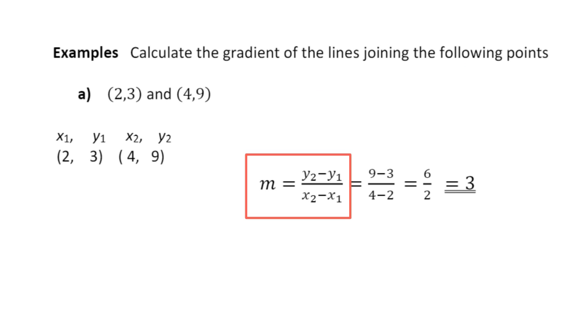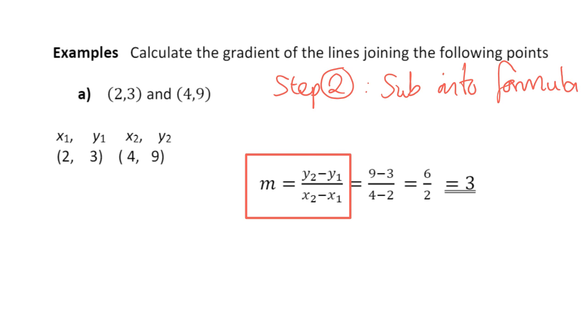So now, step 2 would simply be inputting or substituting into the formula. So sub into formula, and that's what we're going to do. Now, I'm probably just going to highlight these to make it easy to see. So the formula obviously starts with y2 minus y1. So our y2 is the 9, our y1 is the 3.